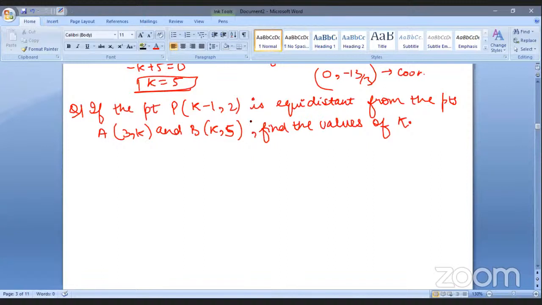Point P is equidistant from these 2 points, find the value of k.